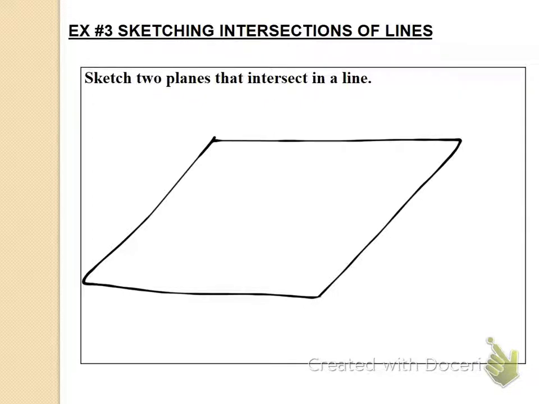Okay, so there's one plane, and then I'm going to try to draw another one that is coming out here. You wouldn't be able to see this part of the plane, and then you'd come down here, and then this guy over here.